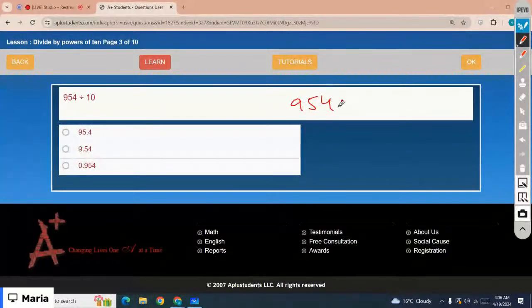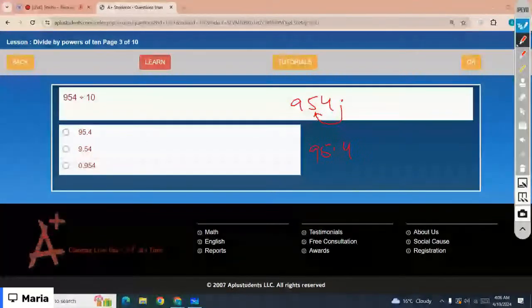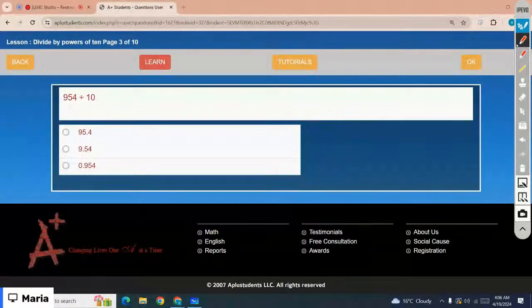You have to move it one place left. That would be 95.4, right? The correct option is 95.4, option number 1.